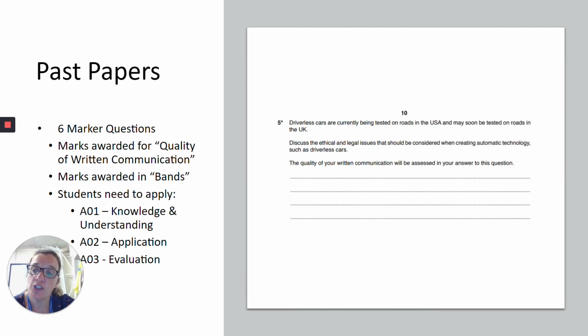And then the evaluation is bringing that together. So you've discussed the good points, you'd have discussed some negative points, and then you summarise overall as to how successful and how safe and legal and ethical it would be to introduce them. So it really is a case if they can remember the AO1, AO2 and AO3 and just apply that to every single question that they have where it's written communication, then they will automatically get into the higher band, which is usually around 5 to 6, but at least be in the middle band of a grade 4.